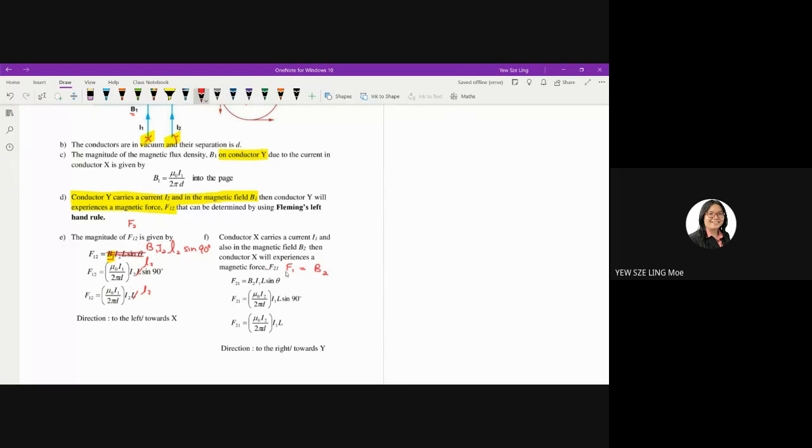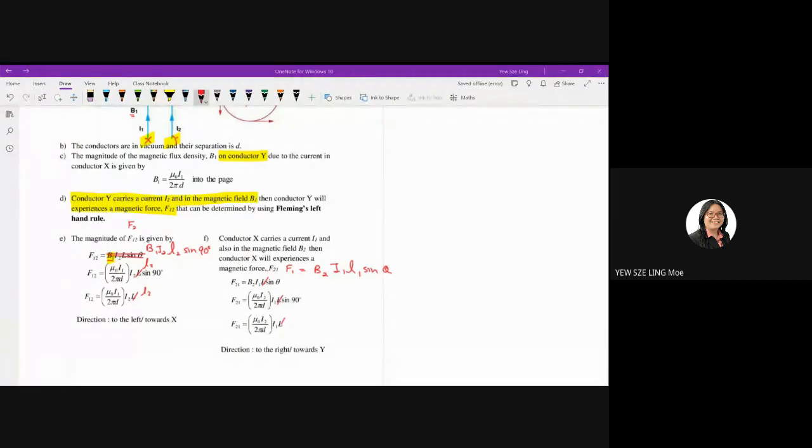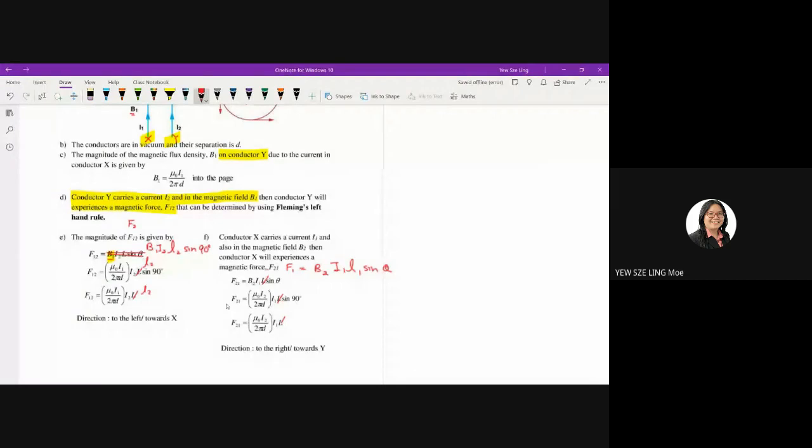So F1, the force on conductor X, equals the magnetic field generated by conductor Y, times the current inside conductor X, and the length of conductor X, sine 90 degree. Alright, so sini buat pembetulan, kita tak guna capital letter L. Kita semua stick kepada small letter l.